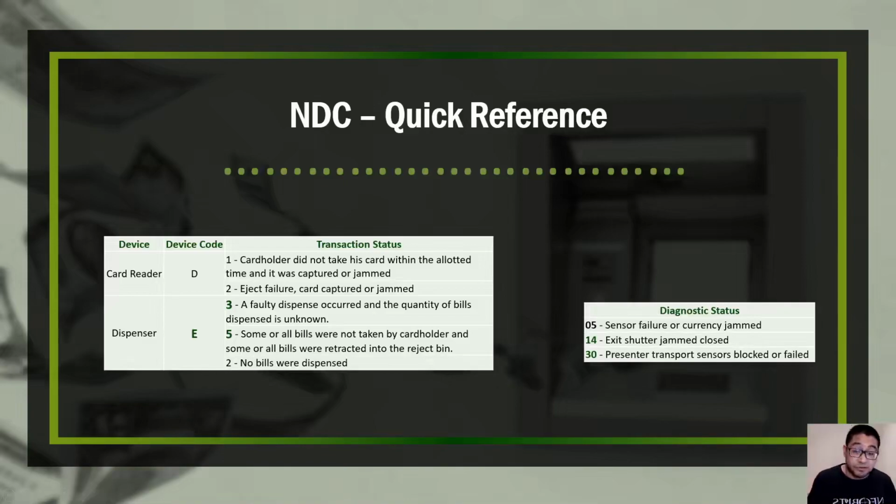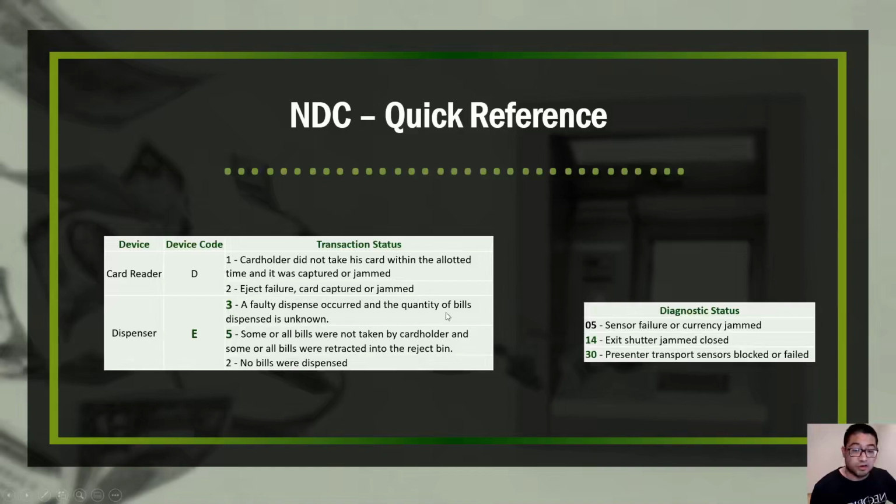If I have an E5 error, it will tell me that the bills were not taken by the cardholder or were retracted to the reject bin. So NCR has a paper that talks about transaction reversal fraud, and they say that if you want to focus on transaction reversal fraud errors, you will have to look for E3 and E5.